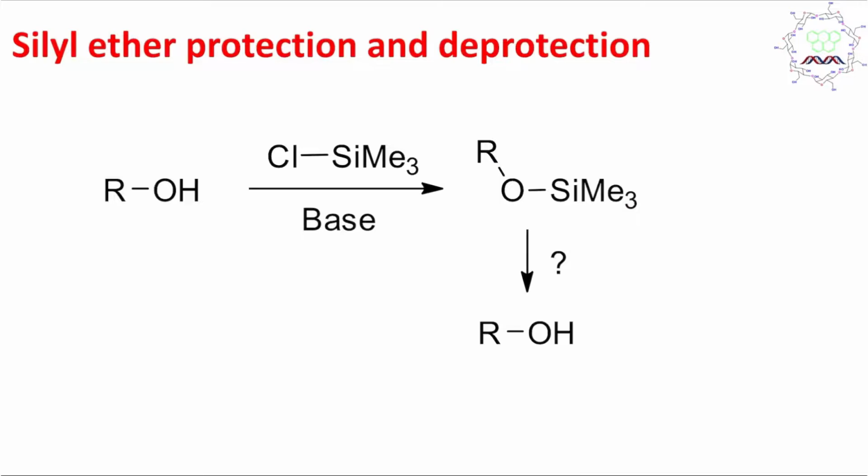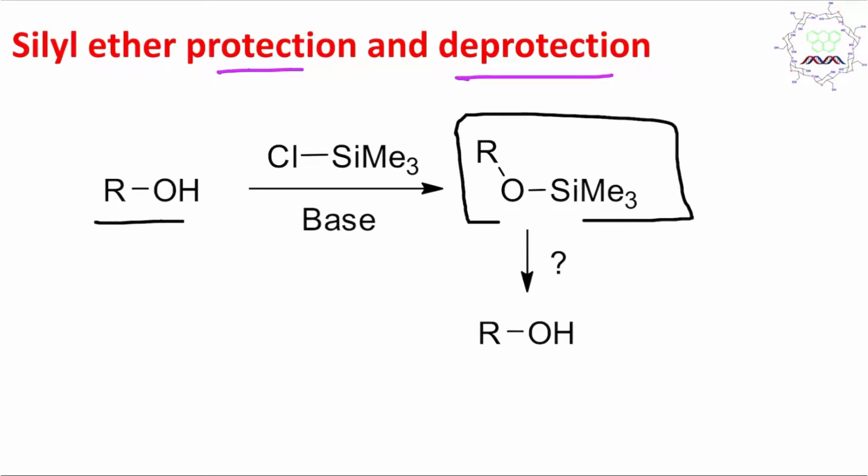What is actually this silyl ether protection and deprotection? In this case, this alcohol is first converted into this silyl ether, in presence of trimethyl silyl chloride or chlorosilane, a reagent specially named TMSCl, and obviously some base is needed.